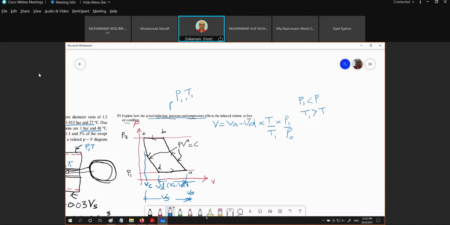This condition must be fulfilled: P1 is always less than P and T1 is always greater than T. So when you comment, look at what happened when P1 decreases and when T1 increases, then look at what happened to this V. Based on that equation and that condition, give your comment and explain what happened to the V.